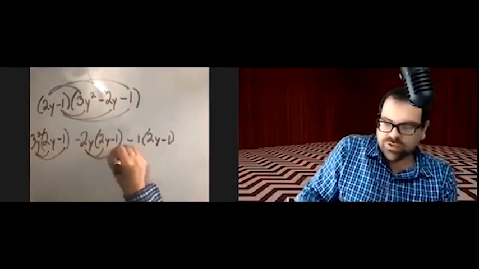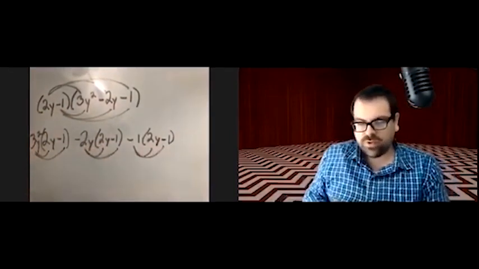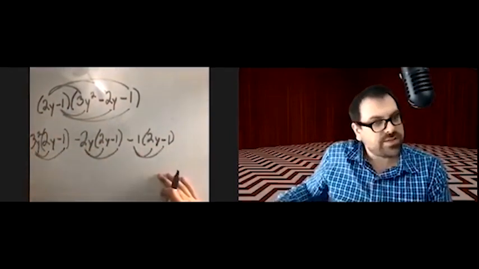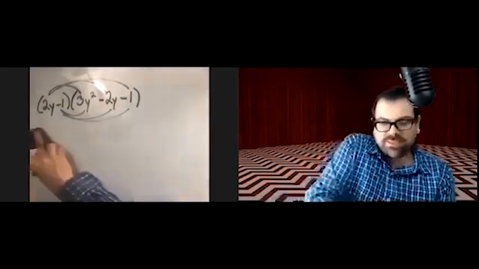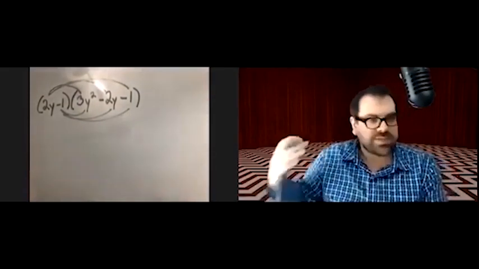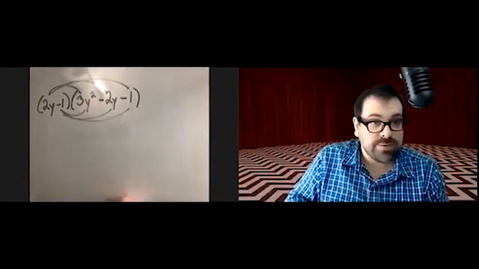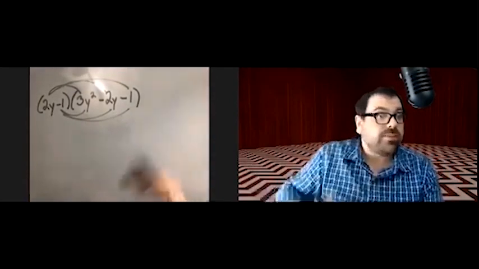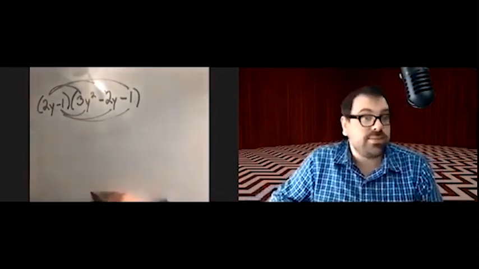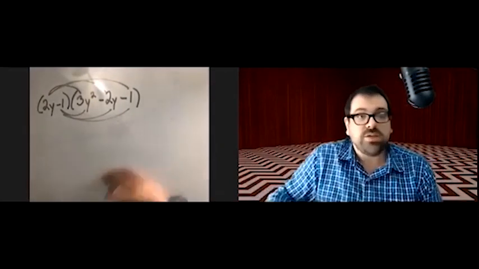And then each of those 3 has another 2. And that gives us our 6 terms overall. I'm saying, let's just get those 6 terms now. Let's not write out distribution twice. But if it helps you to think about it that way, show as many steps as you want.